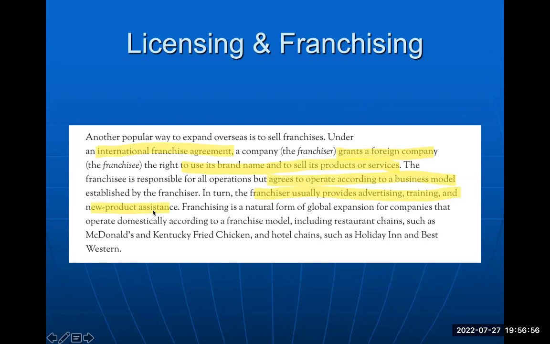So they would have given the local operators of KFC in Jamaica the way to cook the chicken. But of course, the brand name company gets a share of the profit made. Do we understand?